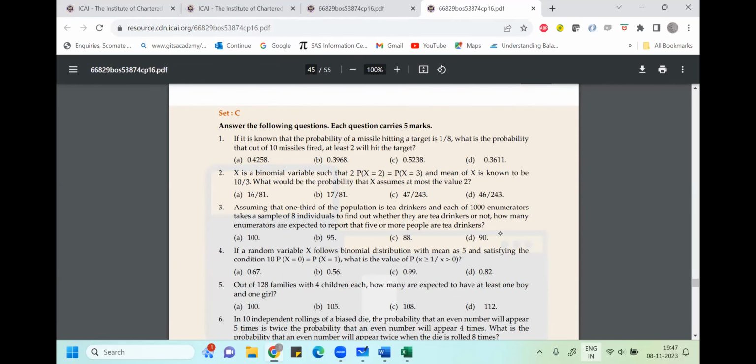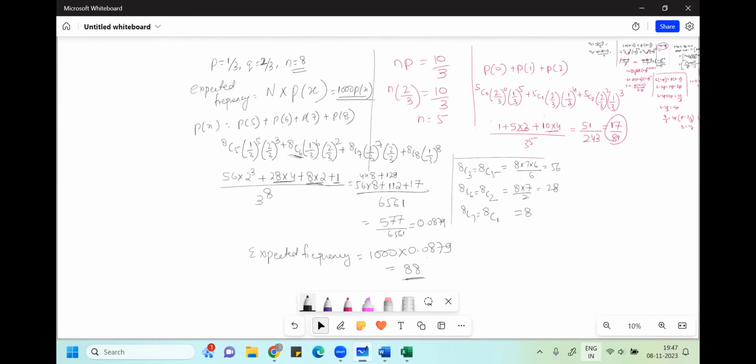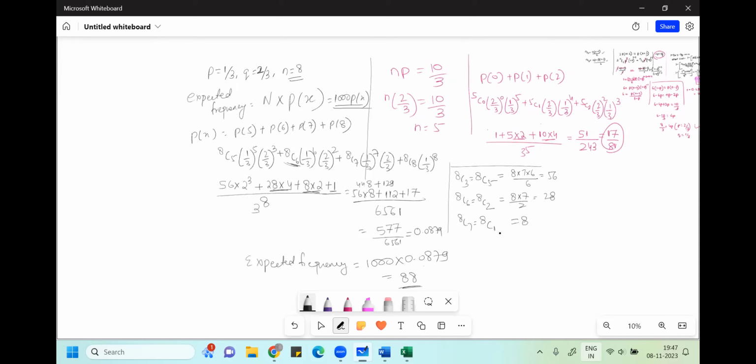Clear? Option C. See, anyone have any doubt? Ask me. Any problem with the steps?